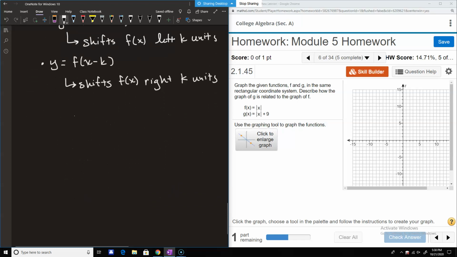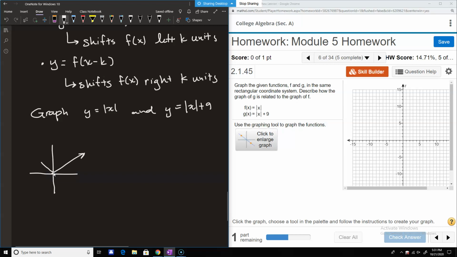So if we have our example here, we just want to graph y equals the absolute value of x and y equals the absolute value of x plus 9, as we see here. The first graph, we know the absolute value just does this, right?